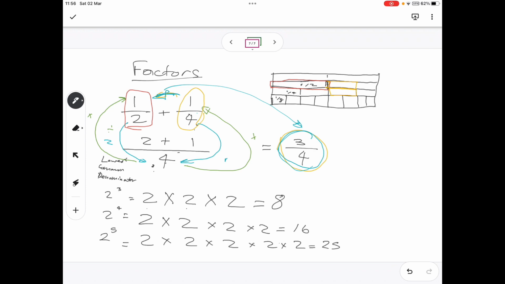So when we visualize the pattern, where I started was with the denominator 4, right, when you're adding or subtracting fractions. 2 is a factor of 4 and 4 is a factor of itself. So if you take 2 and multiply it by a factor of 2, you get 4.